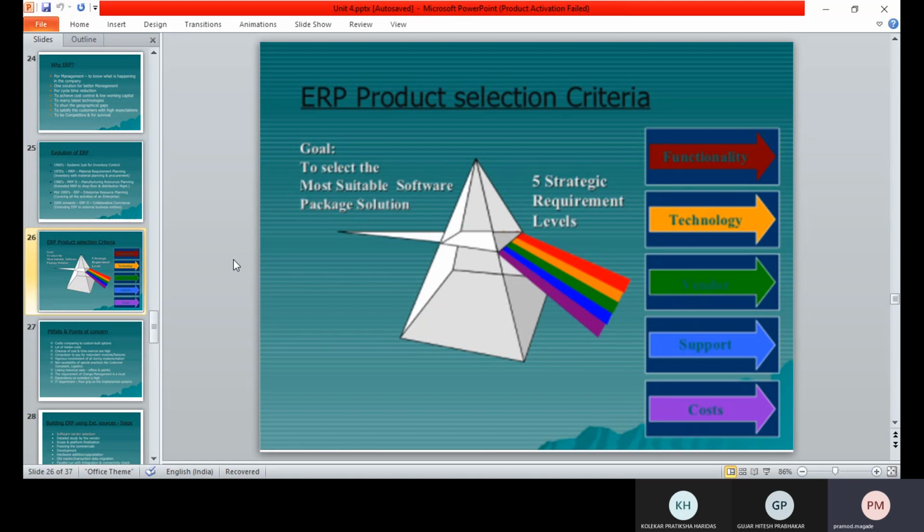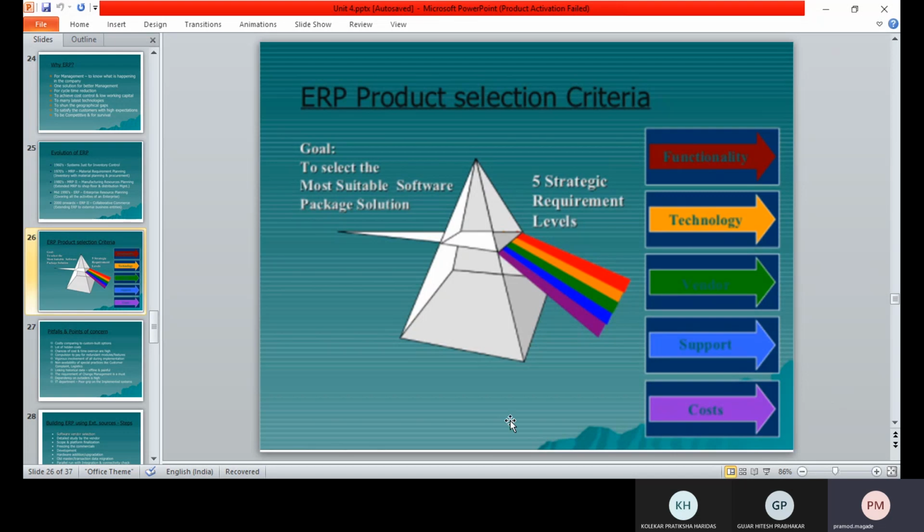So all the departments we have to select, as you can see, the arrows are here: functionality, technology, vendors, support and cost. These are the important things from the customer point of view, correct? And from the industry point of view, we have to set a goal, such as the most suitable software, set in such a way that our work should be done in a defined time. So that is the important thing in the case of ERP.